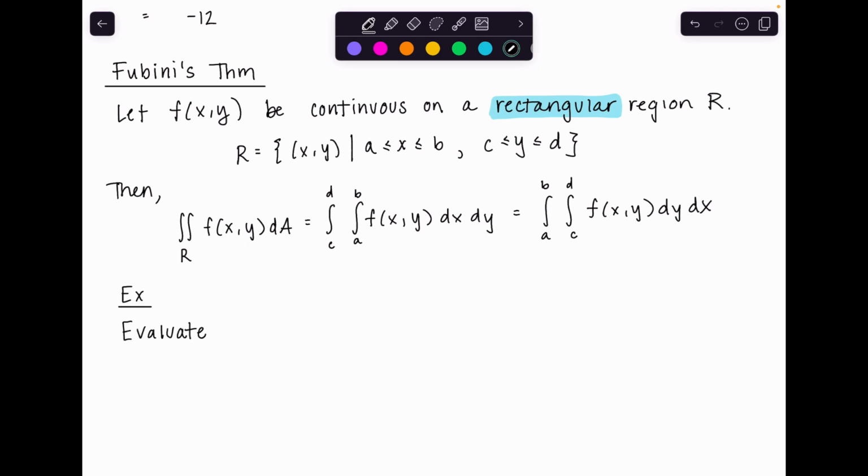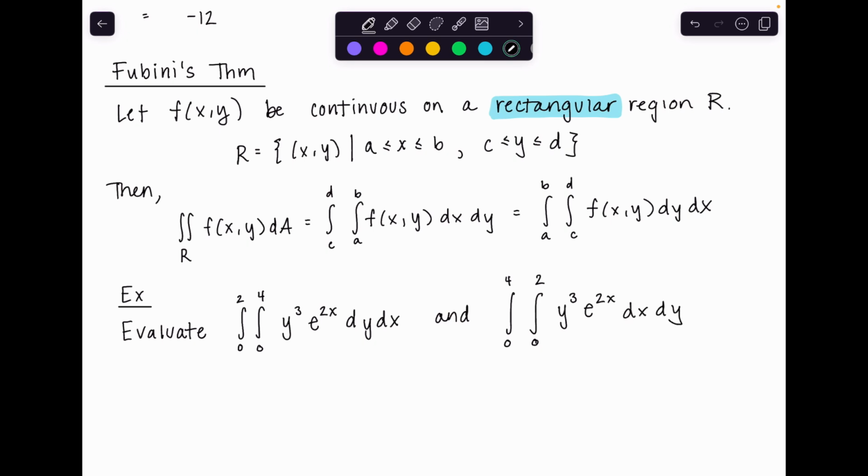But you want to do the least amount of work for yourself. So we're going to evaluate the integral from 0 to 2, 0 to 4, y cubed e to the 2x, and this one is dy dx. And then we're going to flip this. So 0 to 4, 0 to 2, y cubed e to the 2x, dx dy. Okay.